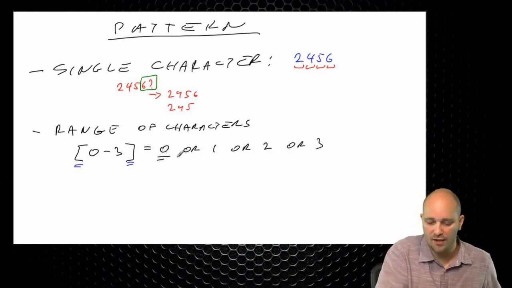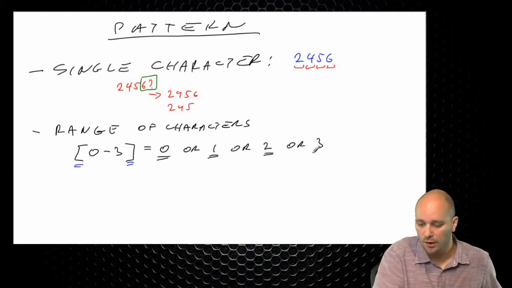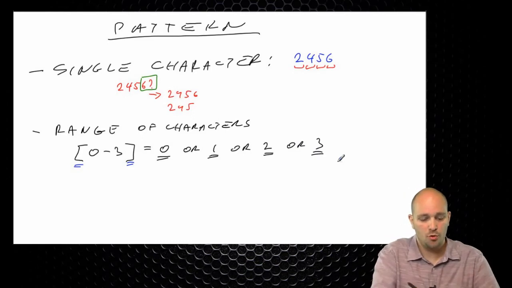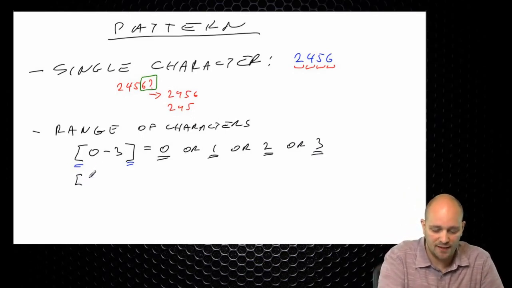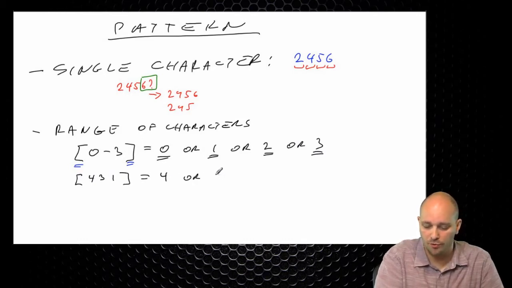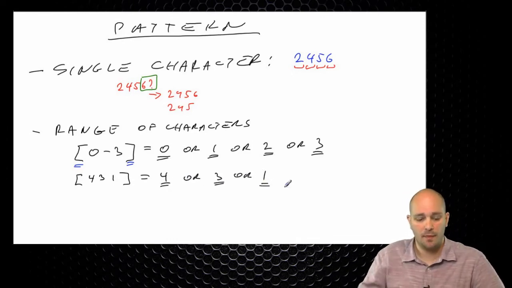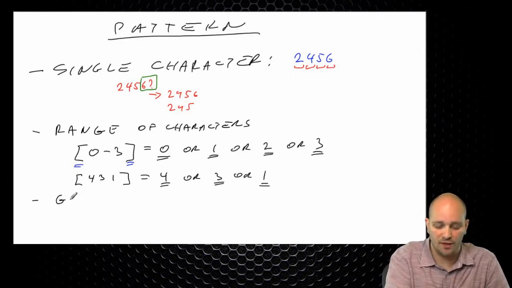So it matches the range from 0 to 3. Now, you can also write something like this. This matches 4, or 3, or 1, but again, just a single character. Or you can match a group of characters.